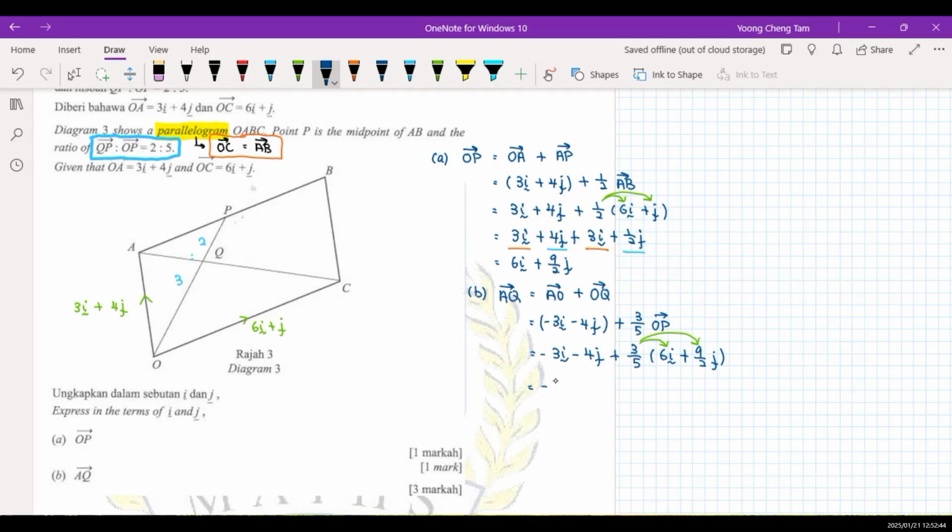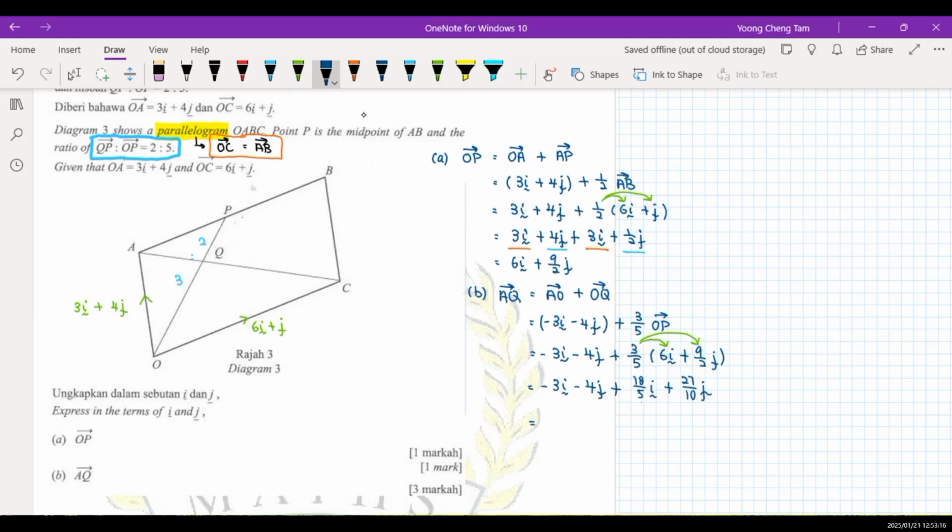For the first two terms, you can copy it first. So 3 over 5 times 6 is 18 over 5. After that, 3 over 5 times 9 over 2 is 27 over 10, vector j.